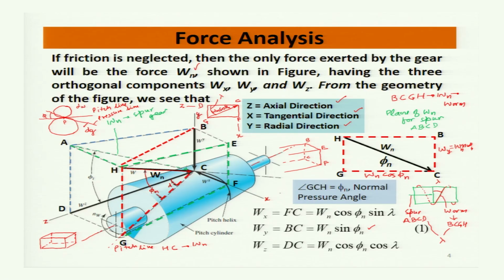The component along DC is Wz, and that will be Wn cos phi n cos lambda, and the component along CF will be Wx, and Wx is Wn cos phi n sine lambda.